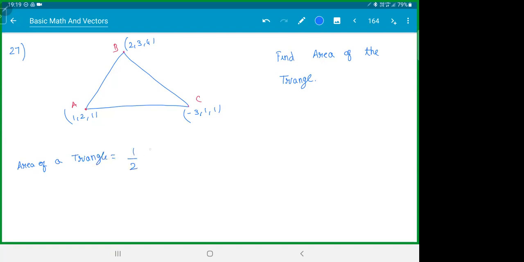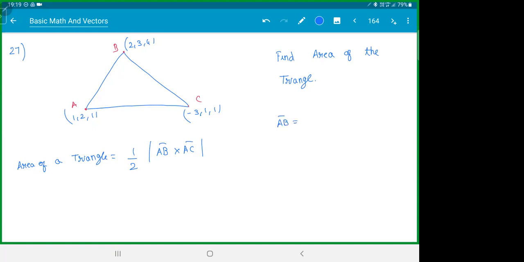It will be half modulus of AB bar cross AC bar. Isn't it? When you say A cross B, A bar and B bar are the 2 sides of the triangle. Root 162, yeah? Okay.